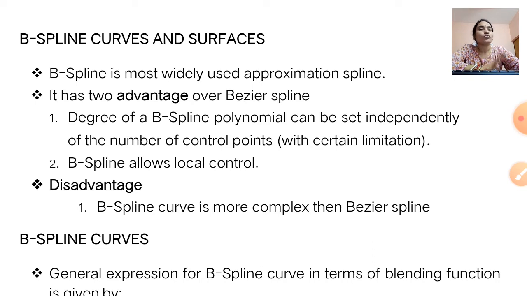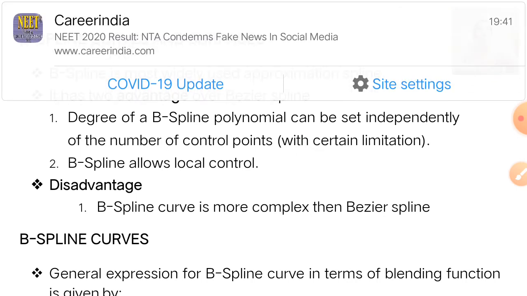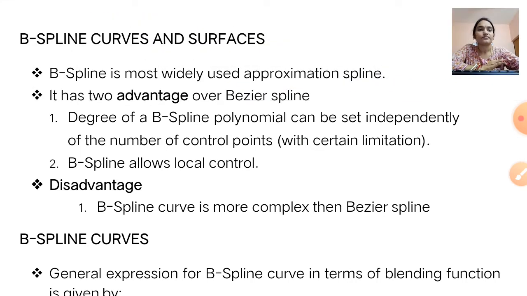B-spline is the most widely used approximation spline. It has two advantages over Bezier curves or surfaces. That means the disadvantages of Bezier will be overcome in B-spline curves and surfaces.